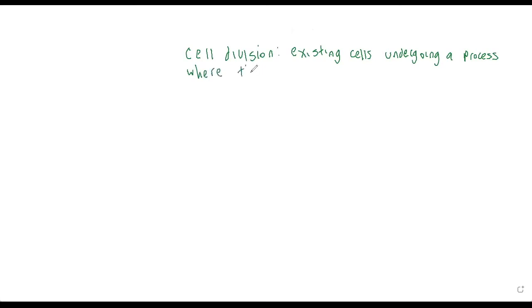cell division occurs for basically more or less four reasons. And I'll also give you some examples as we go along here. So cell division is the process of existing cells undergoing a process where they create copies.